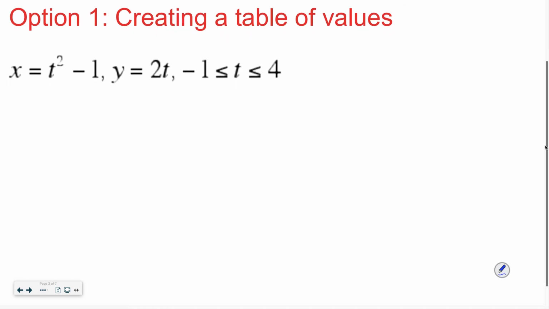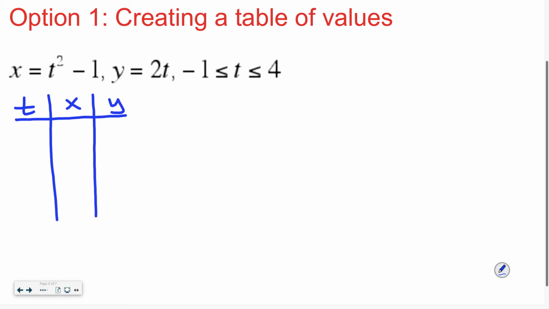We can create a t, x, y chart where our t value goes from -1 to 4. Tedious, but all we have to do is plug t into the x equation, t into the y equation.